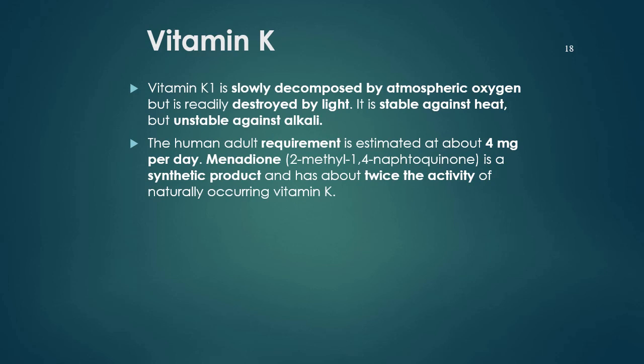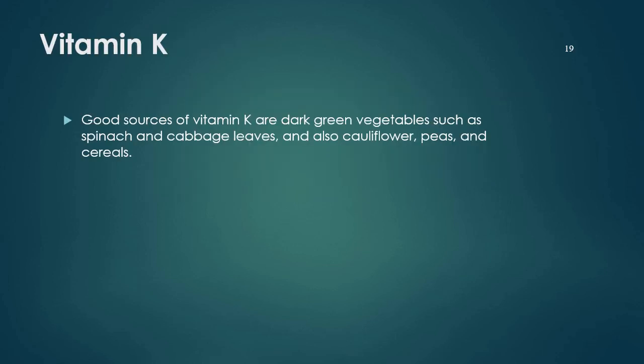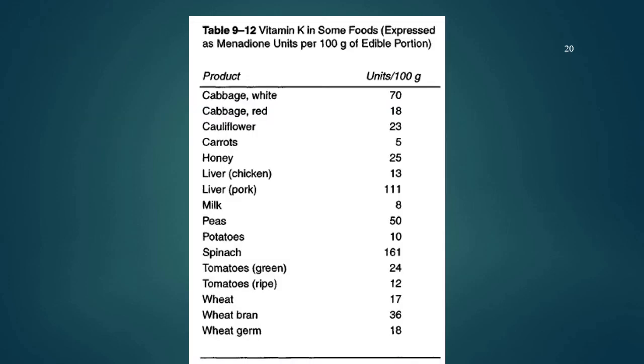Menadione is a synthetic product and has about twice the activity of naturally occurring vitamin K. Vitamin K can be found in dark green leaves such as spinach, cabbage leaves, and also cauliflower, peas, and cereal. This table shows the content of vitamin K in some foods, and you can see that spinach has the most vitamin K.